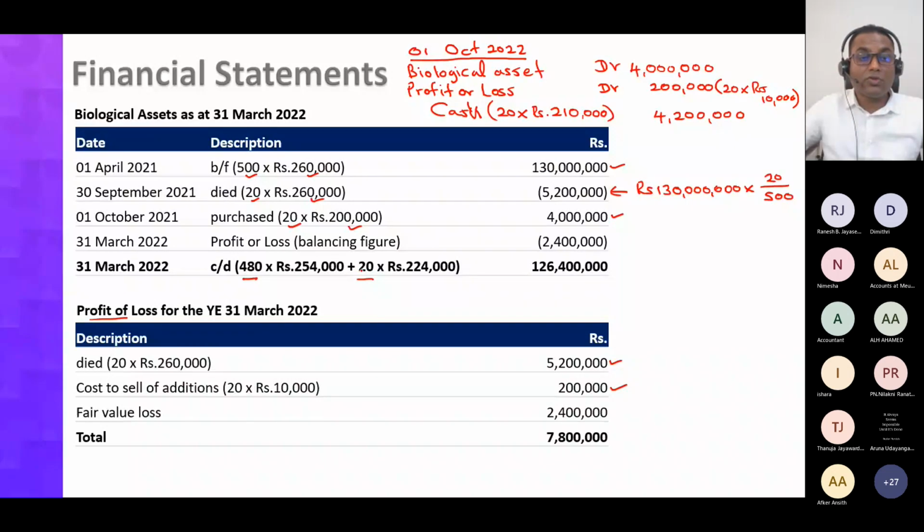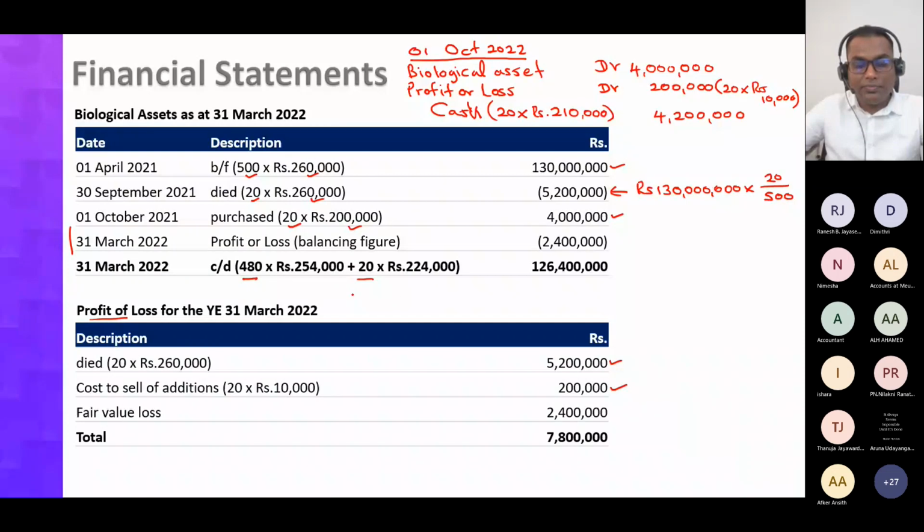You can't put these two together and say 500 because the age is different, characteristics are different. So the fair value less cost to sell of a 4 years old cow and a 1.5 years old cow is different. So you need to keep a space here to get the balancing figure. This would be my balancing figure.